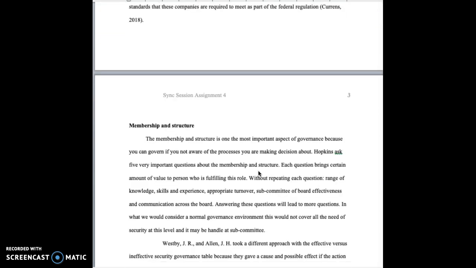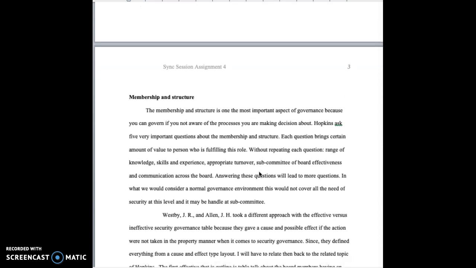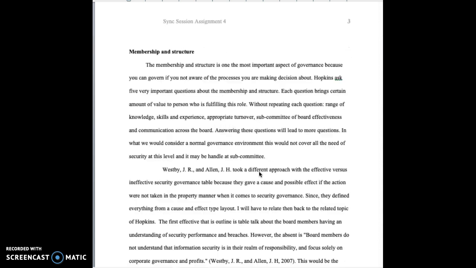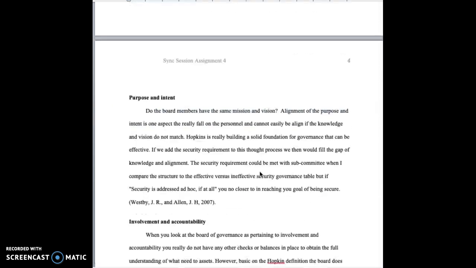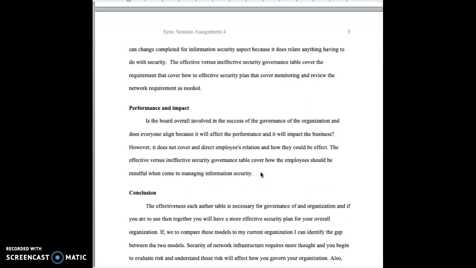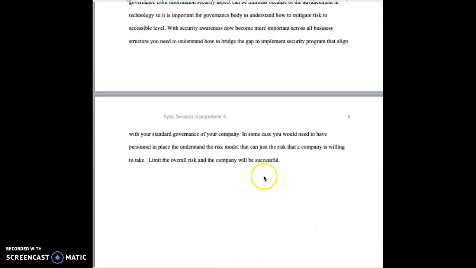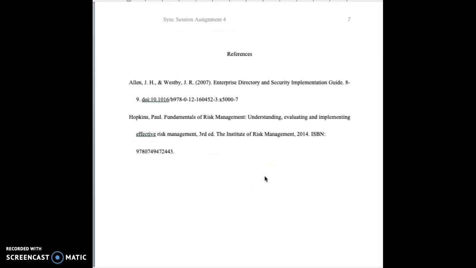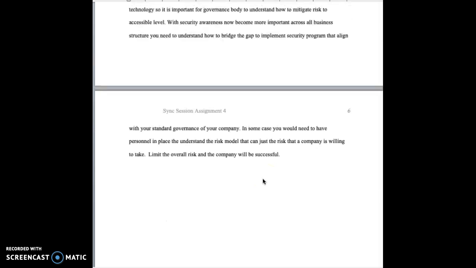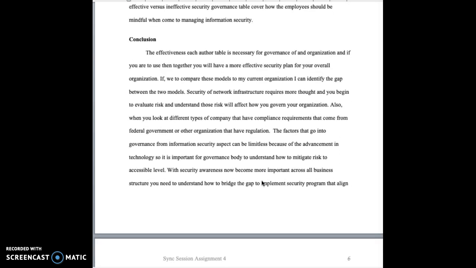I also highlighted everything based upon Hopkins' 5 topics in table 2.5.3, and I will review those as well. I also have my own personal conclusion of the two, along with my references. But I'm going to stop here on the conclusion page and go back to the beginning.